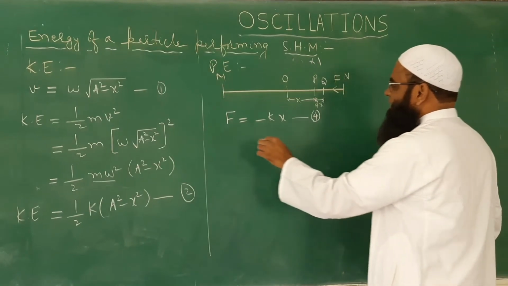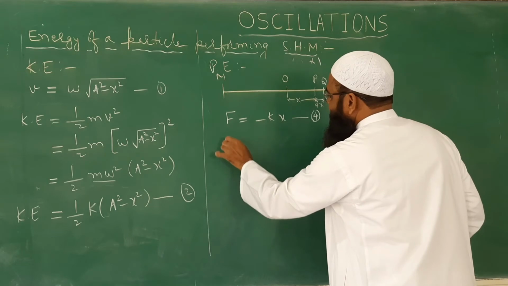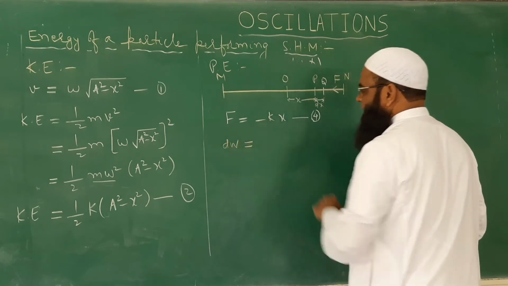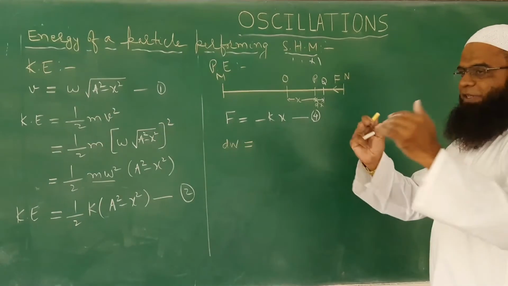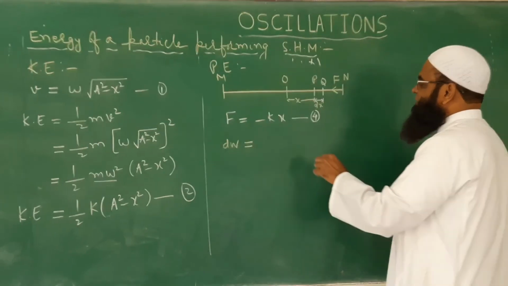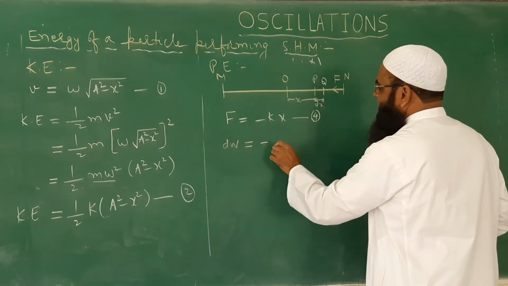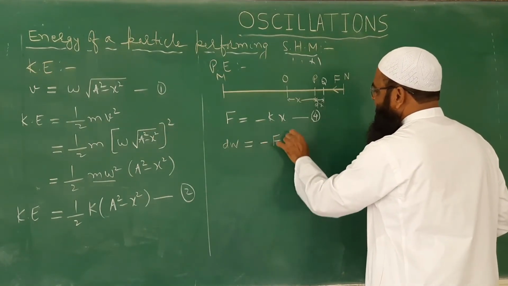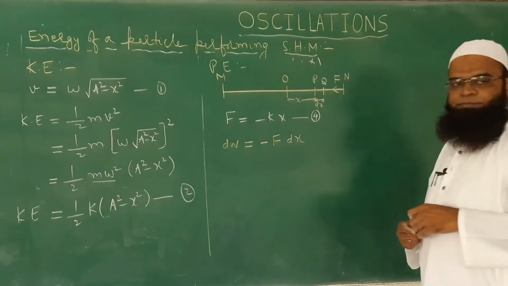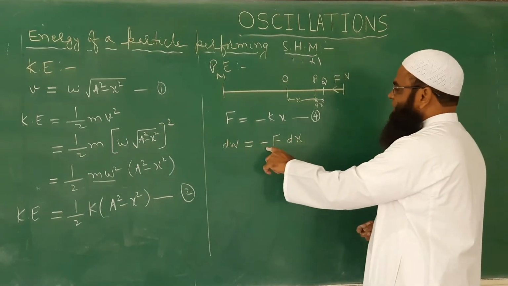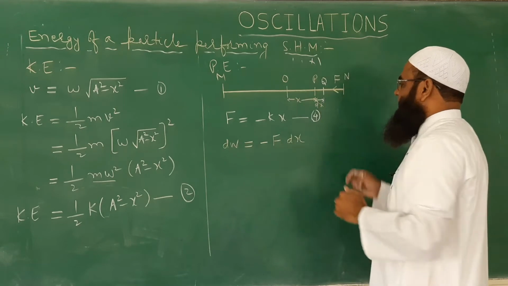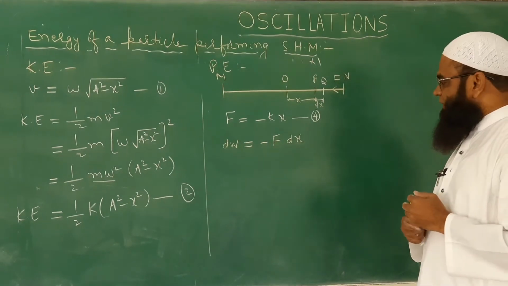So during this, let us suppose the work done is dW. As the particle is displaced against the force, this work done will be negative. So dW is equal to minus F into dx. Why are we getting a negative sign? Because we are displacing the particle against the direction of the force.